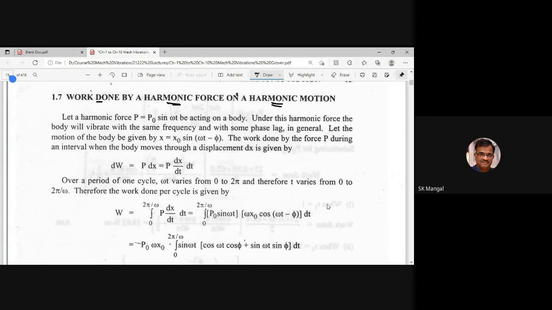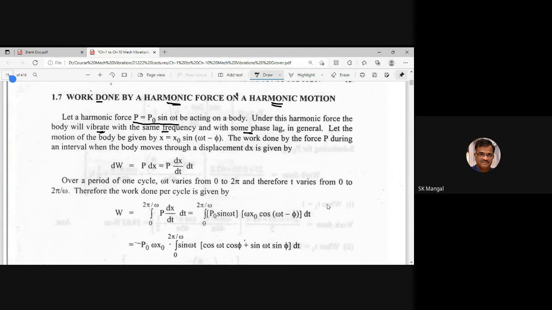Suppose your harmonic force is given by P naught sine omega t, and this force acts on a body, and under this harmonic force the system will vibrate with the same frequency but with some phase lag.